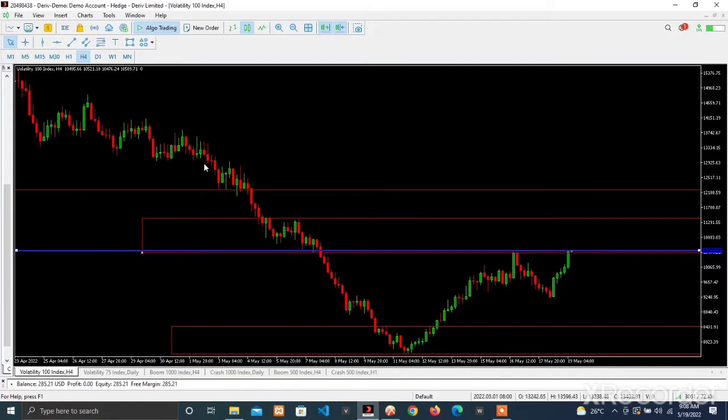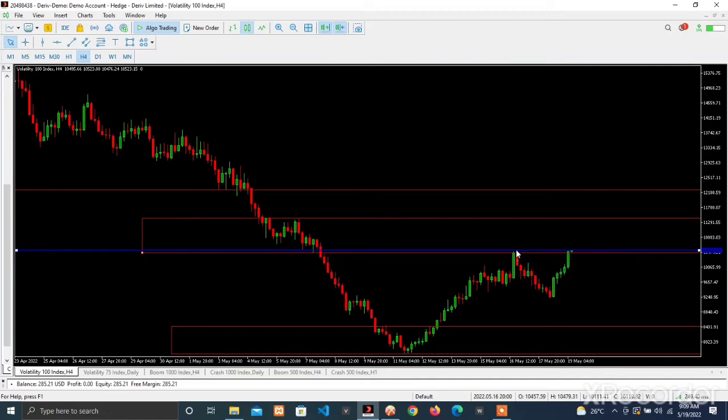The reason I say we're going to take a buy trade is the difference between supply and demand, and support and resistance. On supply and demand, assume the market has not tested this particular zone before. When we draw our supply zone here, and this is the first testing, we're going to take a sell trade here.